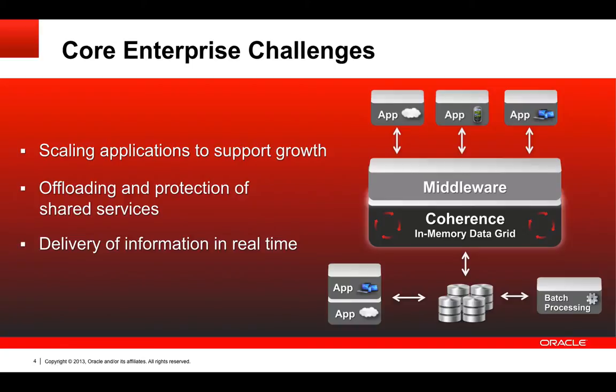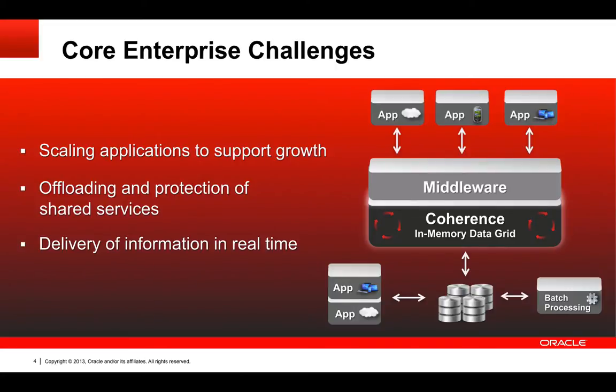Wherever it is you go to manage or retrieve information, all of these shared services are being stressed. And so you're looking for ways to offload these shared services and also to protect them in the case of outage. And finally, you're also looking for an application infrastructure that supports delivery of information in real time.